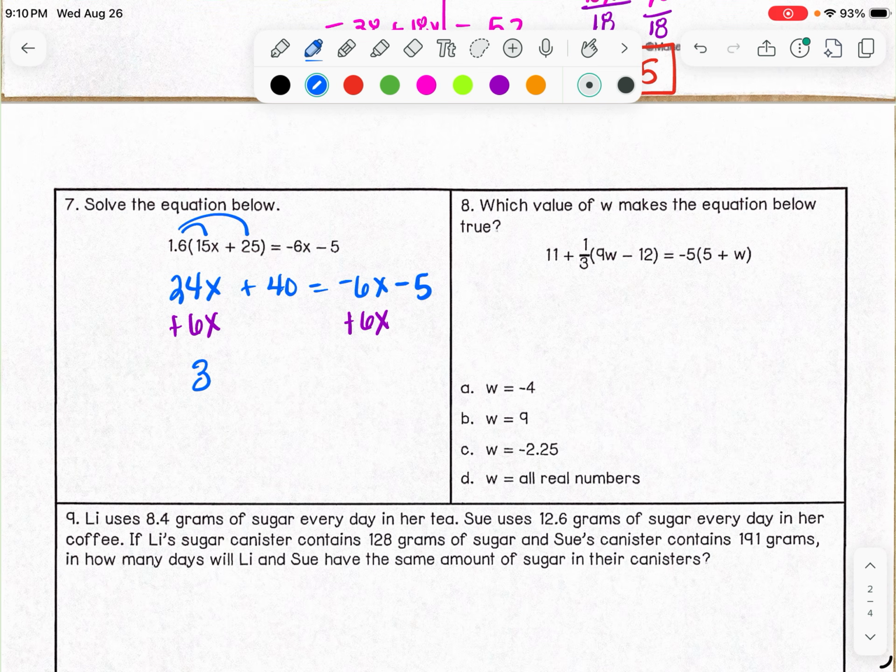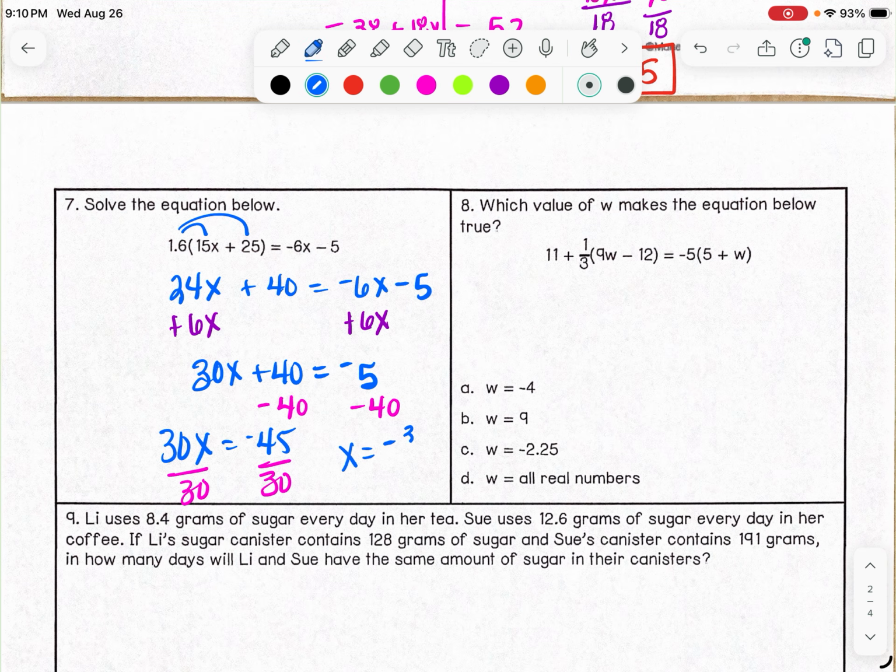That's going to give you 30x plus 40 is negative 5. And now it's a two-step equation. Subtract 40, which gives us 30x is negative 45. And that reduces to x is negative 3/2 or negative 1.5. That's a 5.